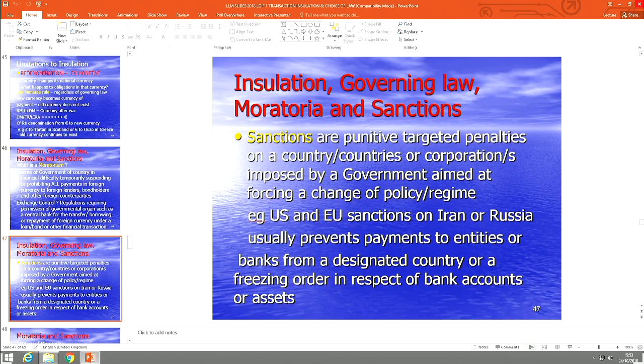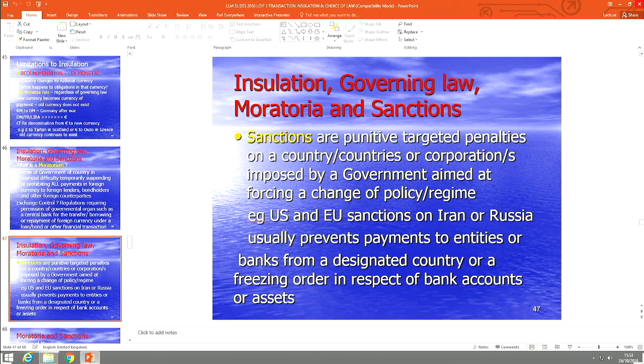So that's the difference between exchange controls and moratoria. Moratoria occurring after a transaction is entered into. An allied problem are sanctions. Sanctions, you're probably familiar with it already. There are US and EU sanctions operative in relation to Iran and Russia.